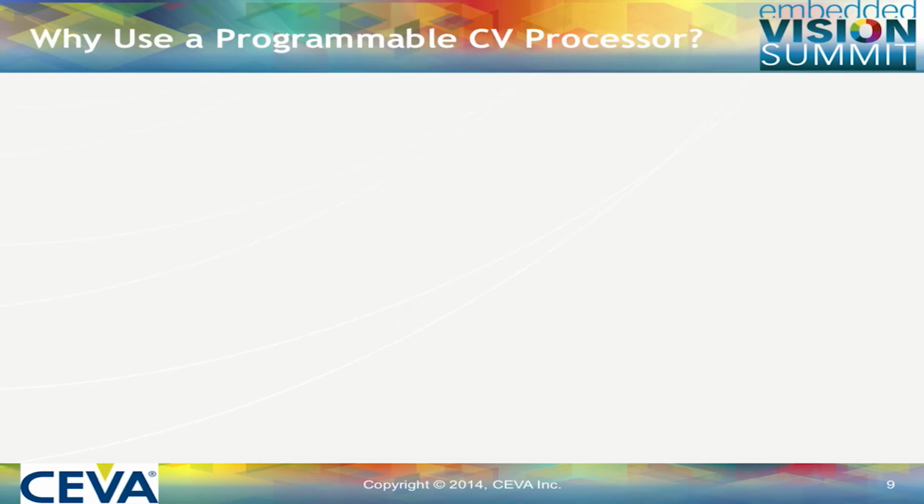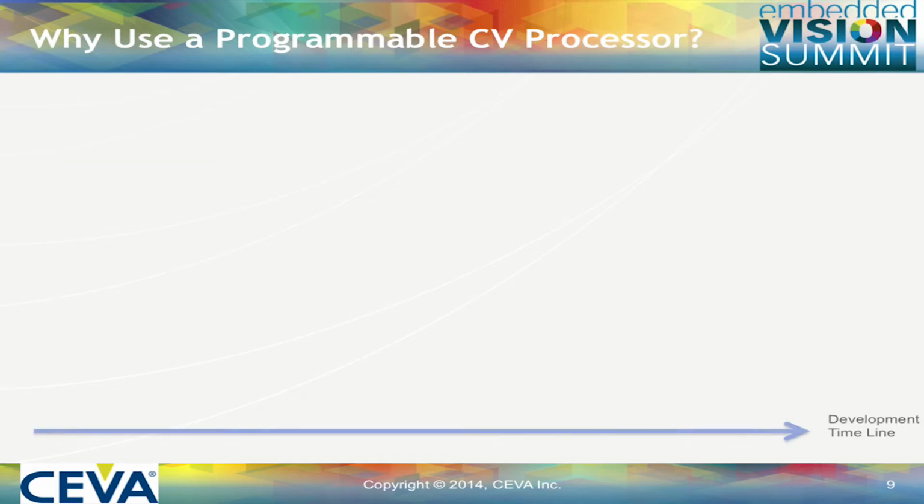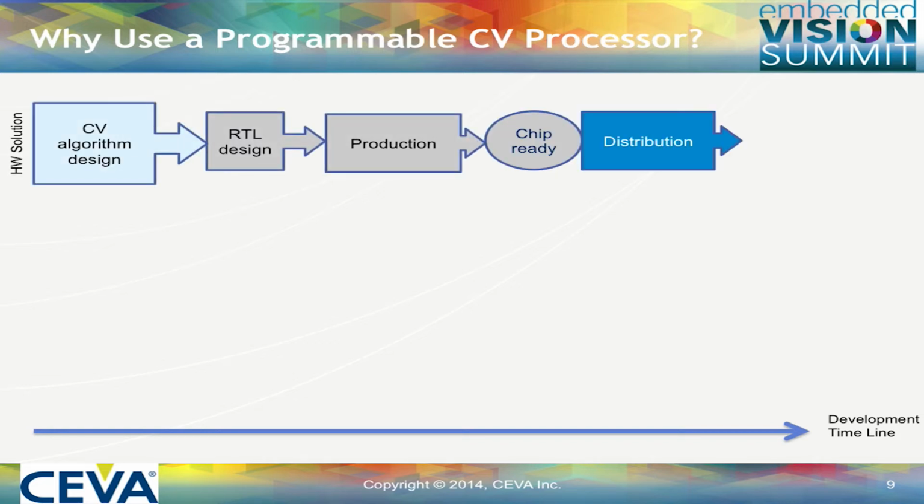So before we talk about implementing different kinds of features on a DSP, let's talk about the alternatives. One alternative for a DSP is to use a hardware solution. If this is the development timeline, a hardware solution implies that we have to complete algorithm development before we start the RTL design, production, and distribution. This puts a very hard constraint on the timeline of the developing product.